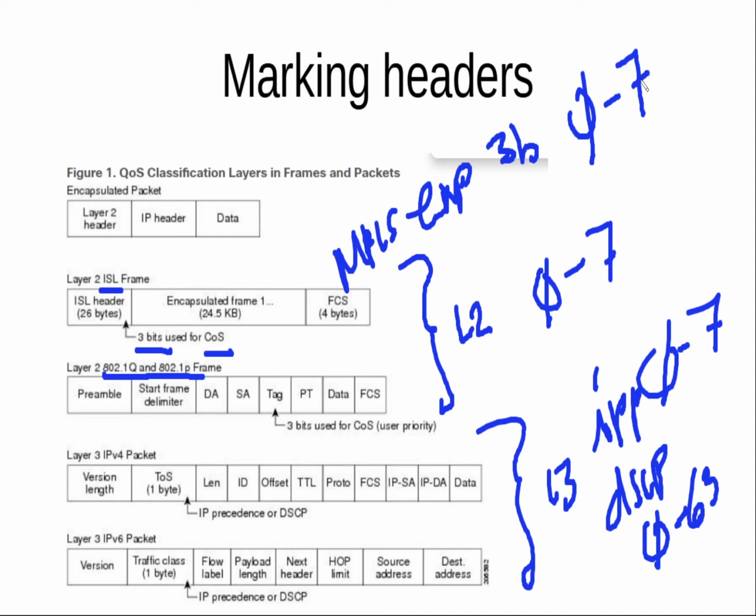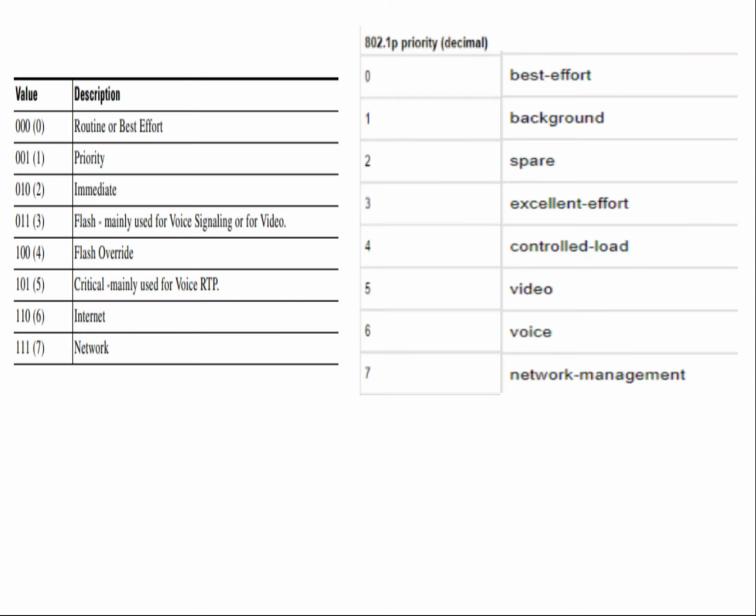This means that we can mark or differentiate traffic in as much as 8 levels when using MPLS, 8 levels when using CoS, 8 levels when using IP precedence, or up to 64 levels when using the DSCP. And these are the official names for these levels for each technology.